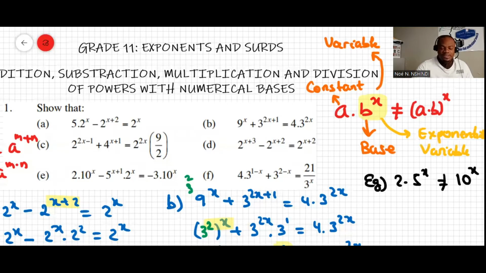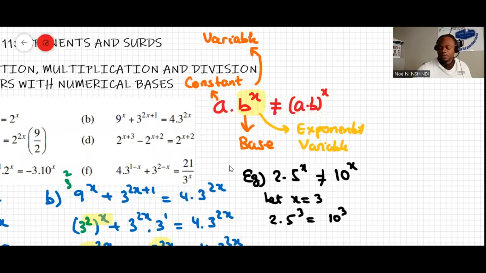Assuming x has a value of, for instance, 2, or 3, to make it different, 3. So it's like having 2 times 5 to the power of 3, and then someone may say this is 10 to the power of 3. Okay, assuming it is, 10 to the power of 3 will be equal to 1000.